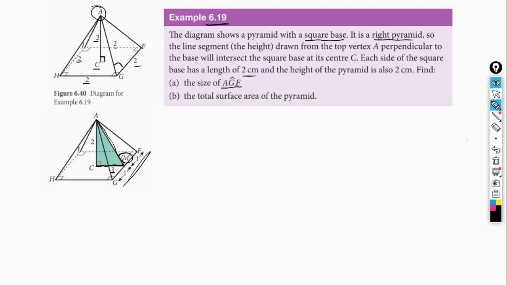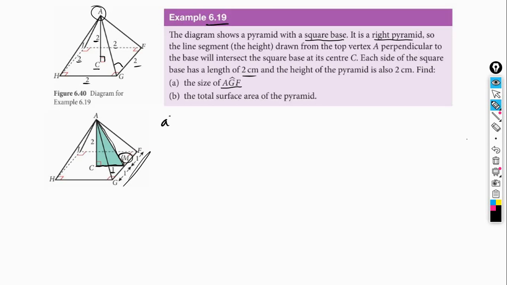We can extract the right-angled triangle ACM, so the one we see in blue here, to find the length of AM, or the slanted height of the face of the pyramid.